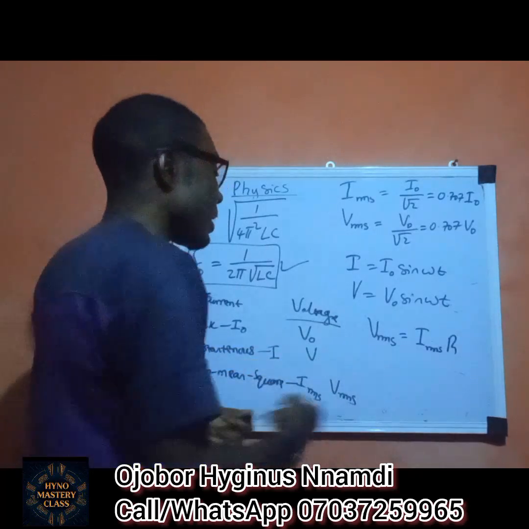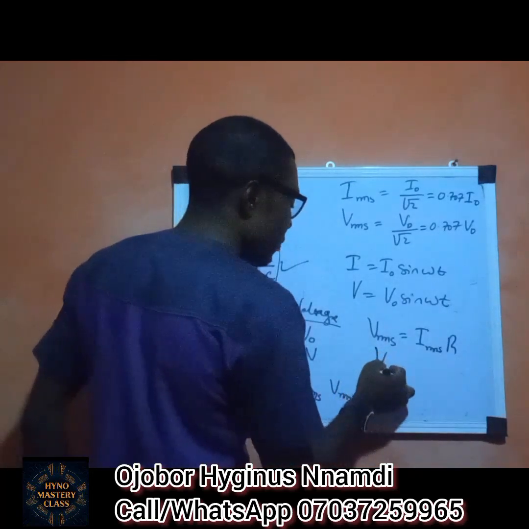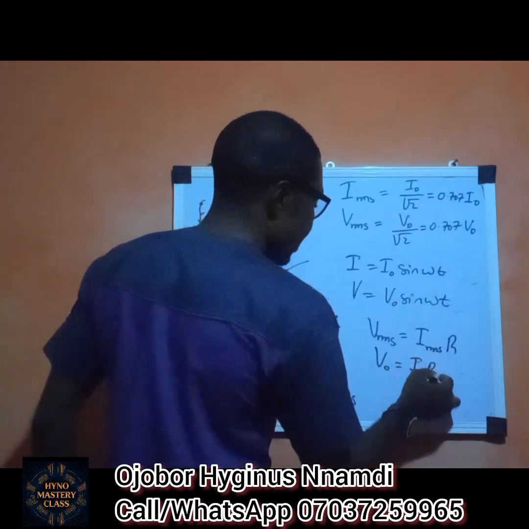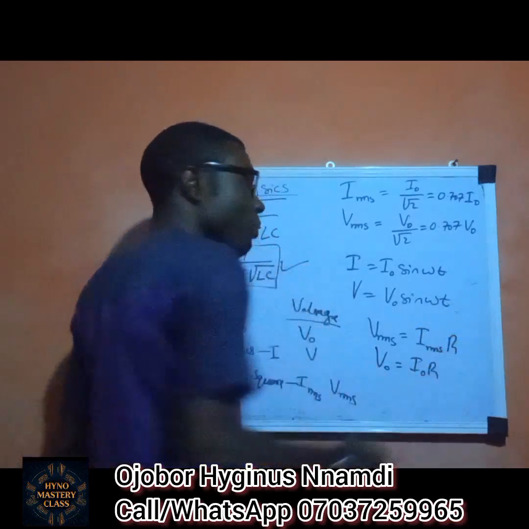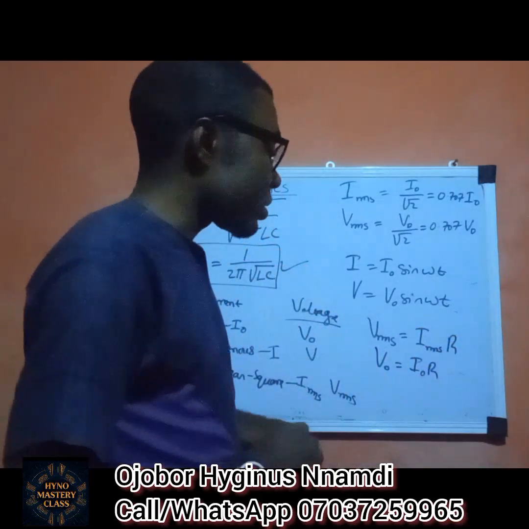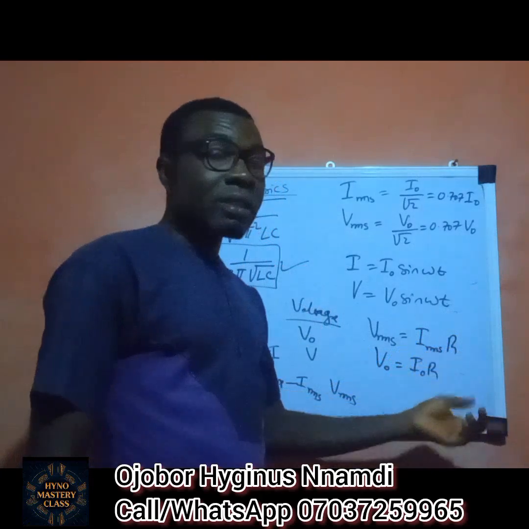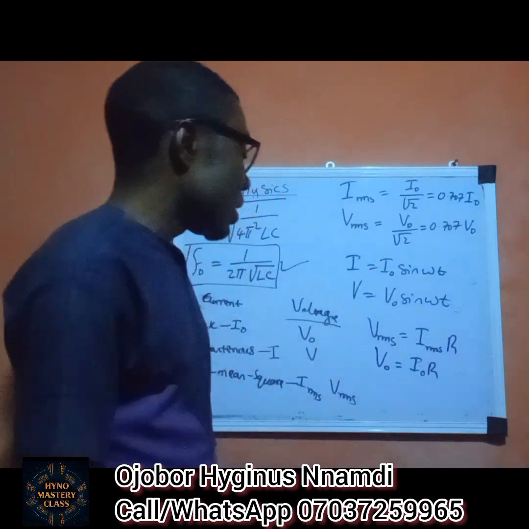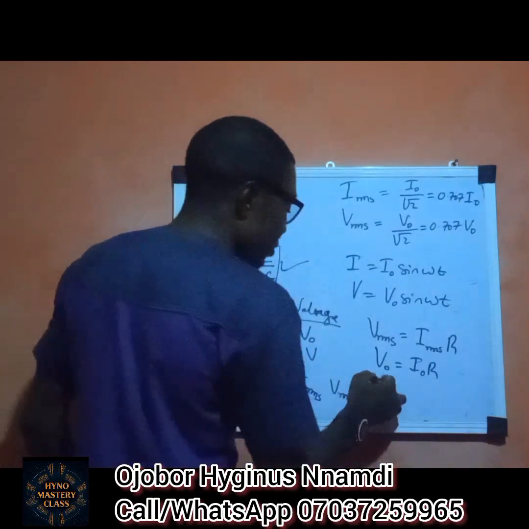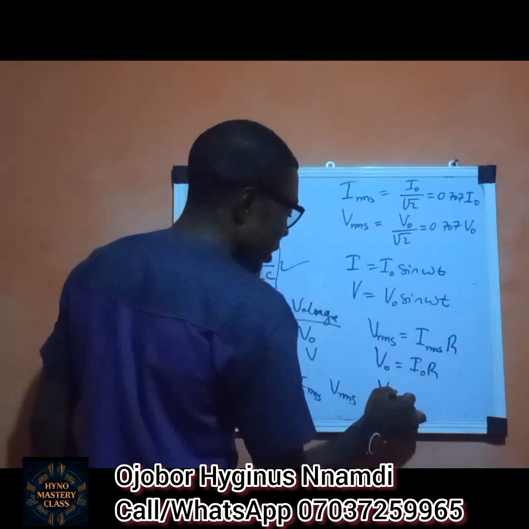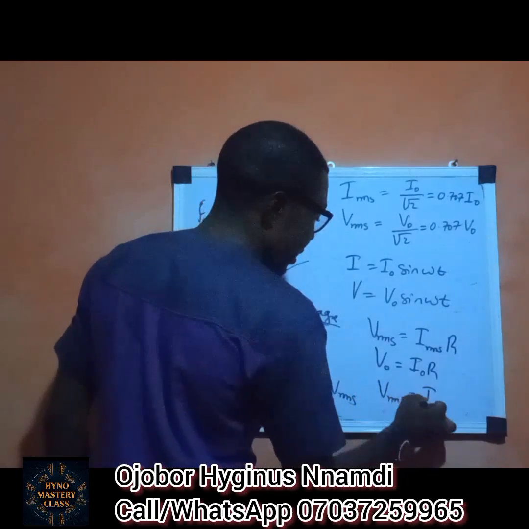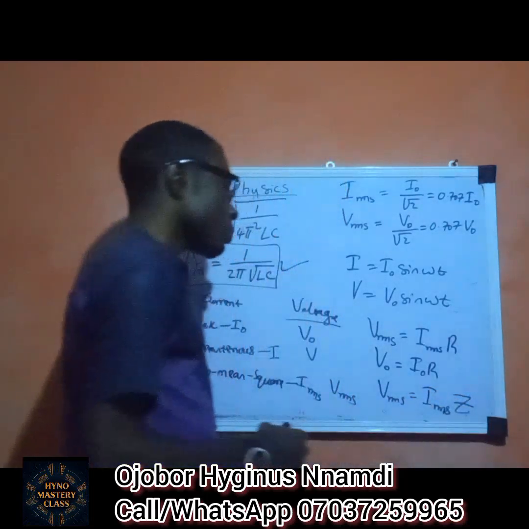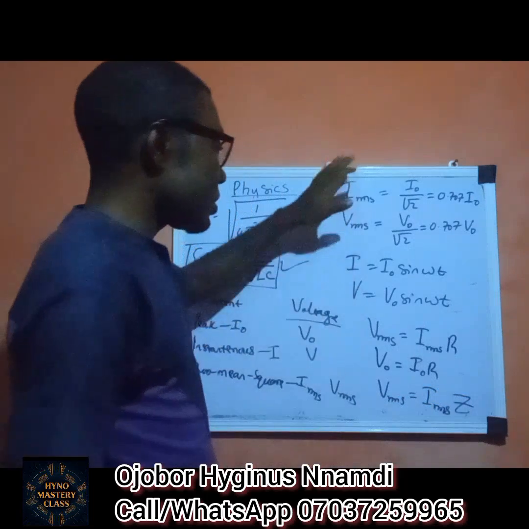The same thing applies if you want to determine the peak voltage. It is still going to be the peak current times the resistance, depending on the kind of resistance, whether it is a pure resistance of a resistor or an inductive resistance, capacitive reactance, or impedance, whichever one. If it is impedance, the V root mean square will be equal to I root mean square times Z. Okay, so whichever one it is, these are the relationships.